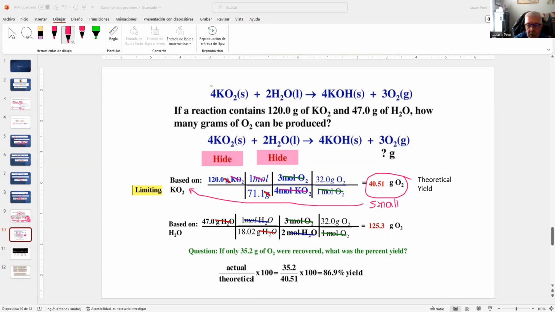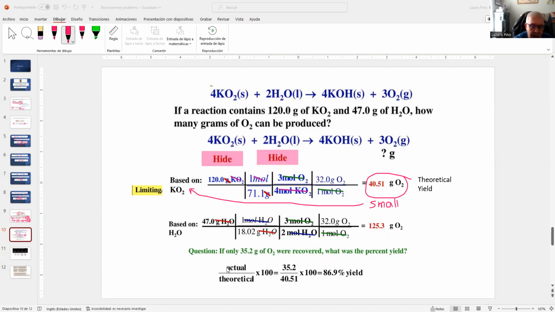If you compare both amounts of oxygen, you will see that you will produce less oxygen from 120 grams of potassium peroxide. So this is the theoretical yield, and potassium peroxide is the limiting reactant. If I tell you that in real life I only got 35.2 grams of oxygen, then what is the percent yield?